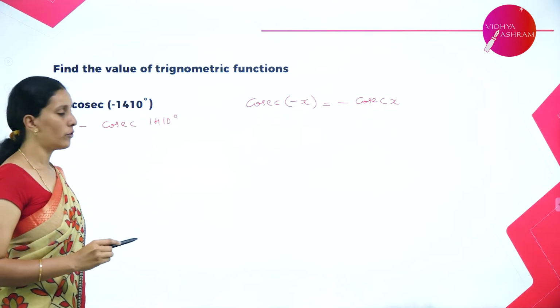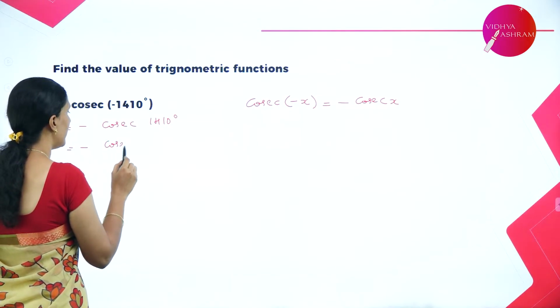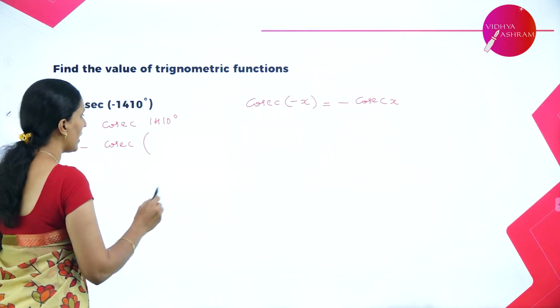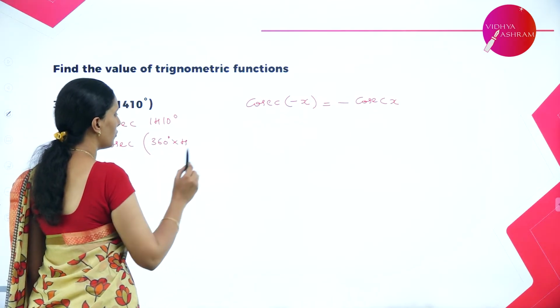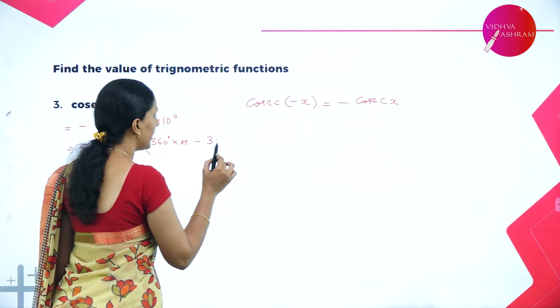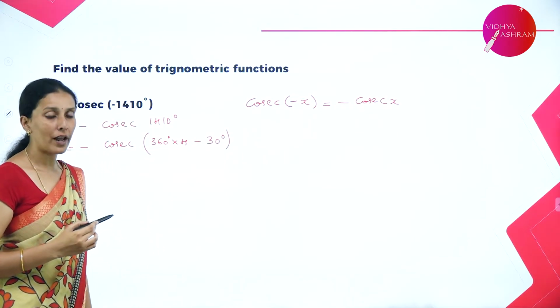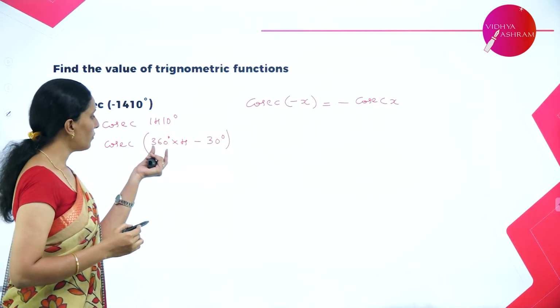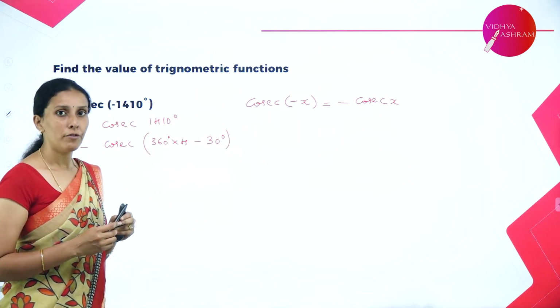So, now here we have minus cosecant. So, this can be written as 360 degree into 4 minus 30 degree. Because 360 into 4 is 1440 degree. So, 1440 degree minus 30 degree gives you 1410.